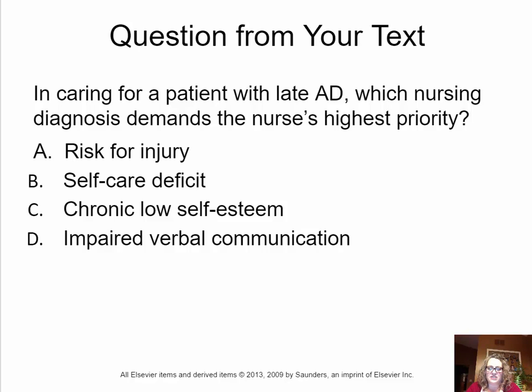Their self-care deficit is followed closely to that. Their chronic low self-esteem obviously is not a priority. Impaired verbal communication is also secondary to both self-care deficit and risk for injury, but the highest priority out of this list is risk for injury.